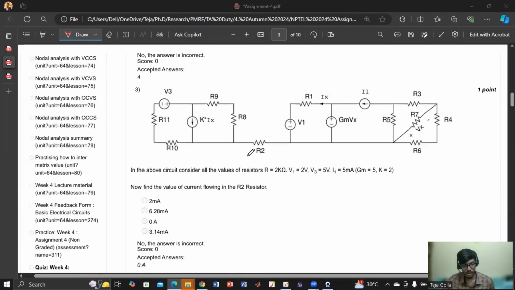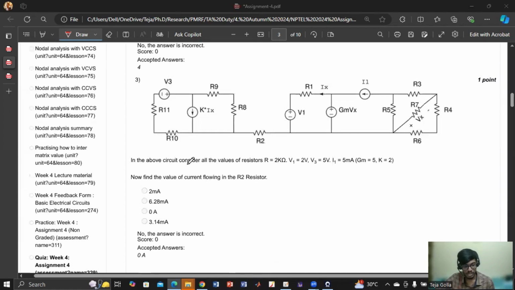Okay. So now if you see in the above circuit, consider all the resistors to be 2K. Find the current in the 2 ohm resistor. If you see for any element, KCL should be followed, right? So the current entering should be the current leaving. But if you see here, there is no return path.